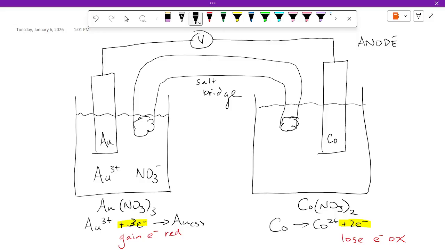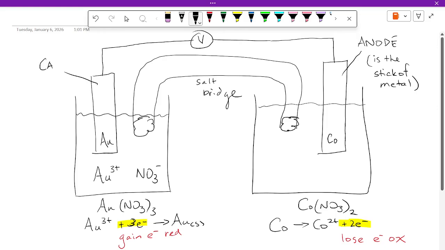The anode is literally the stick of metal, okay? So I would always make sure I had a little arrow pointing from the word anode to the stick of metal. And then this would be our cathode, again pointing to the stick of metal.